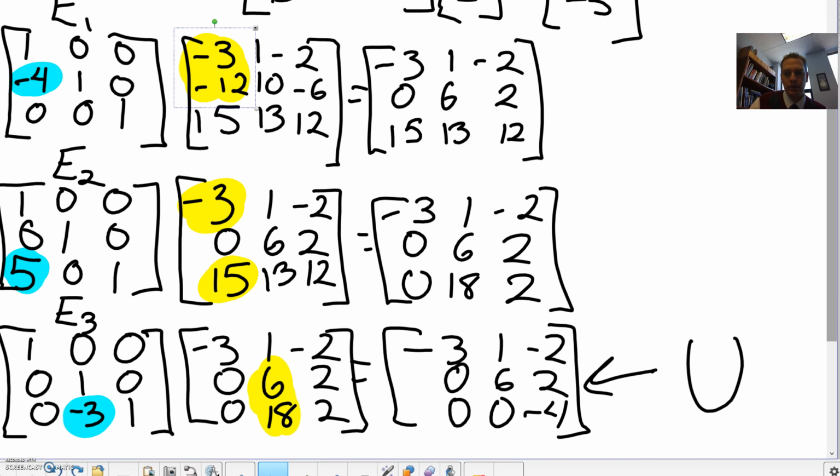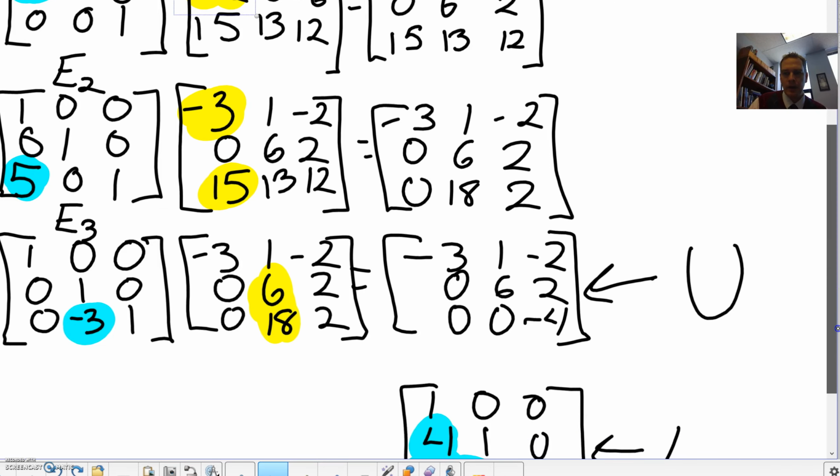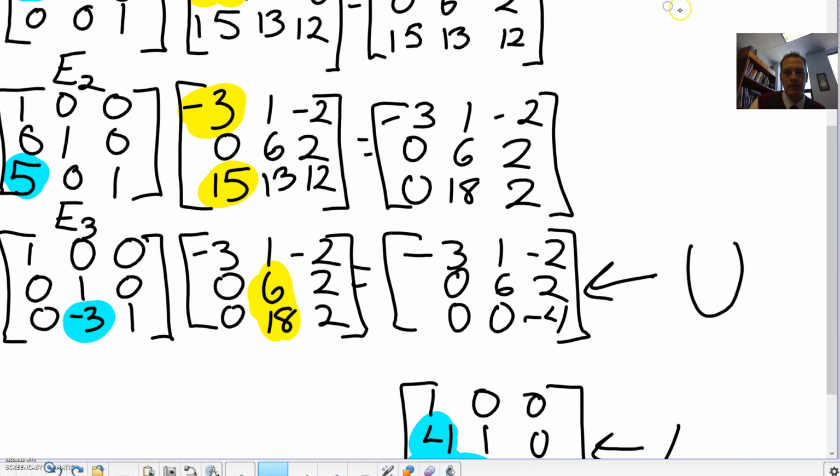And I continue the process one last time. What I'm going to do this last time is look at these two entries, 6 and 18, and make a 0 in this entry right here. In order to do that, I need -3 of these plus 1 of these. -3 of the second row plus 1 of the third row replaces my answers in the third row.